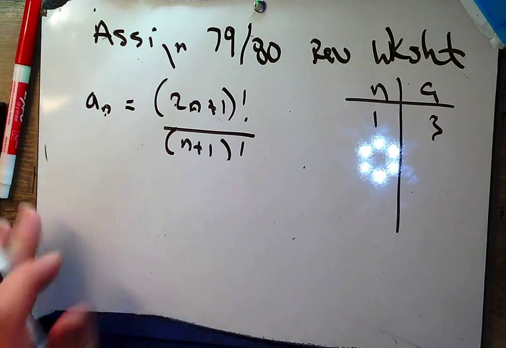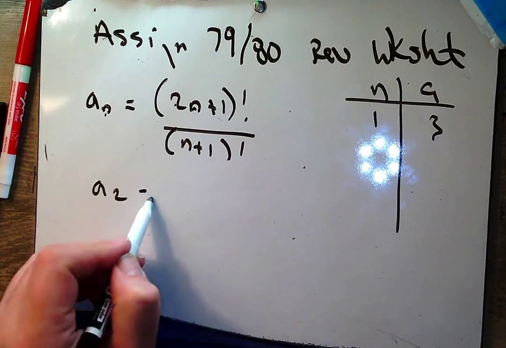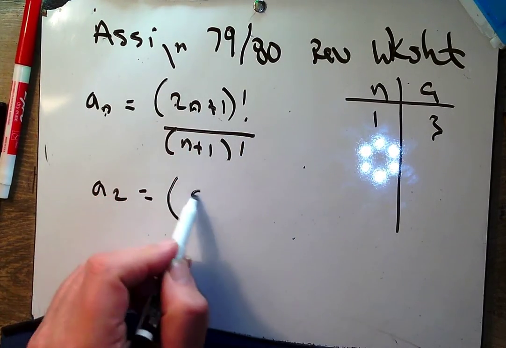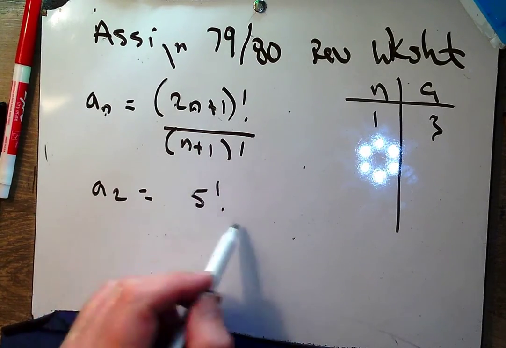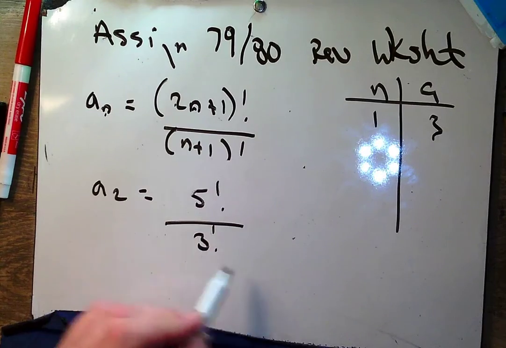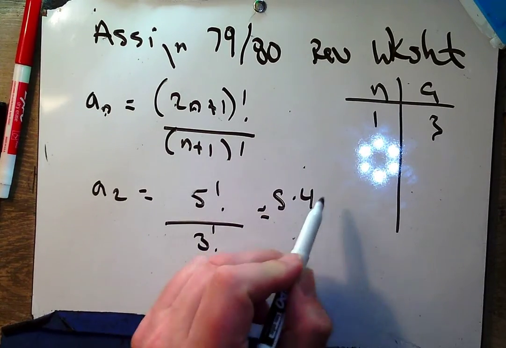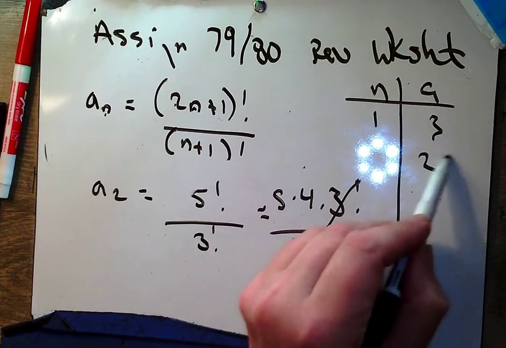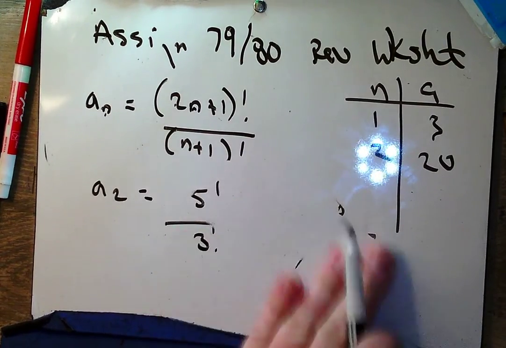Okay, what about a sub 2? Well, a sub 2 is going to be 2 times 2 is 4 plus 1 is 5 factorial over 2 plus 1 is 3, 3 factorial. That's going to be 5 times 4 times 3 factorial over 3 factorial, and so I get 20.